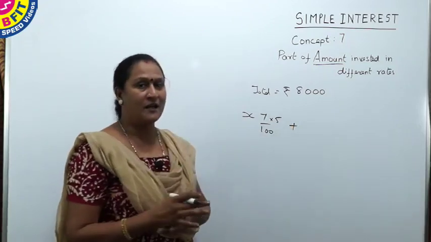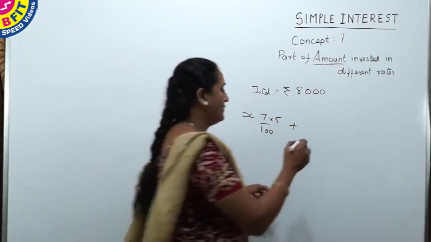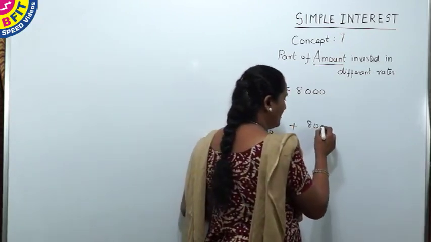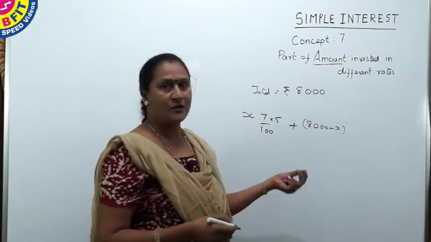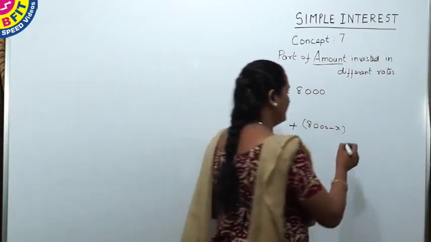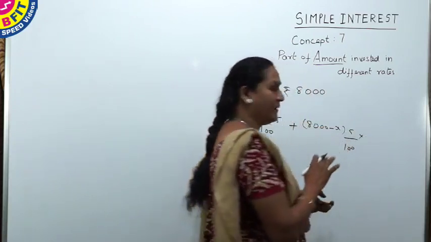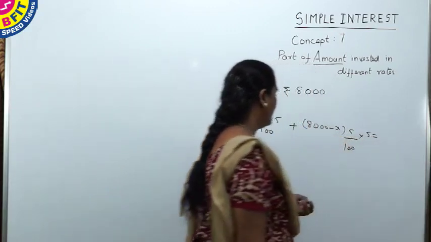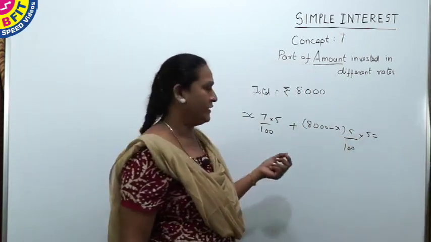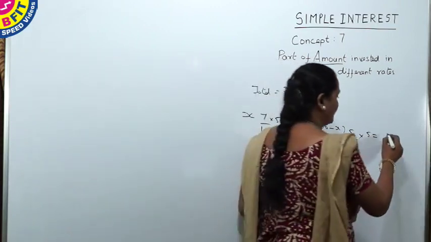And what will be the remaining investment? So X is invested in 7%, so the remaining will be 8,000 minus X. Say this amount is invested in 5% rate. And here also the period is 5 years. So the interest in both the rates of interest, 7% and 5%, are added together.